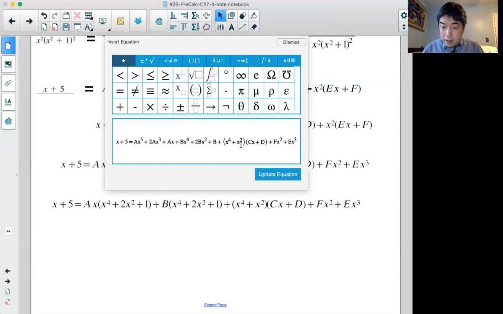Now this is a little bit tricky. You have to have FOIL here. x to the fourth power times cx is cx. I will look at this one so I won't make a mistake. And clean up here. The first one is, I'm sorry, x to the fourth power times this, so cx to the fifth power.